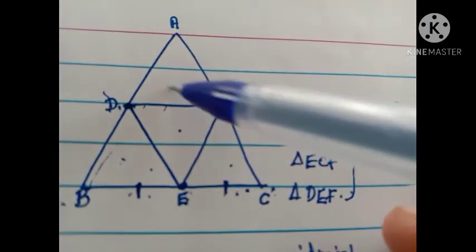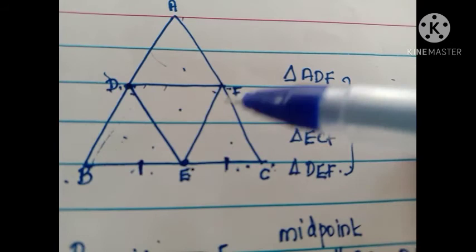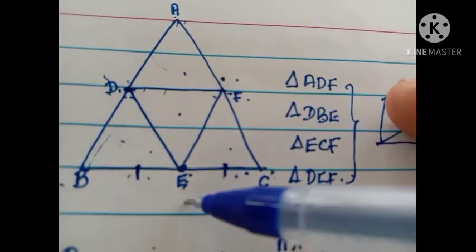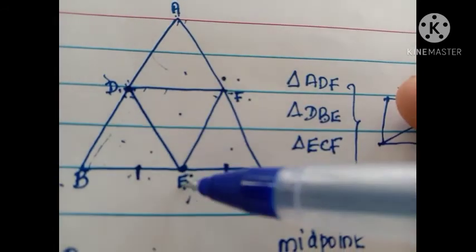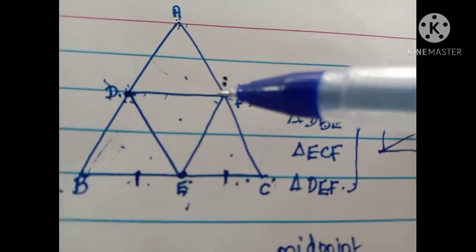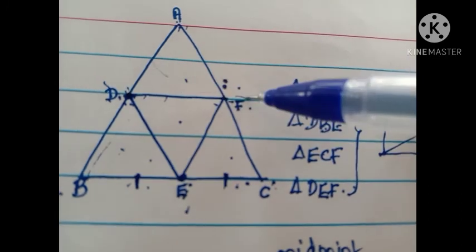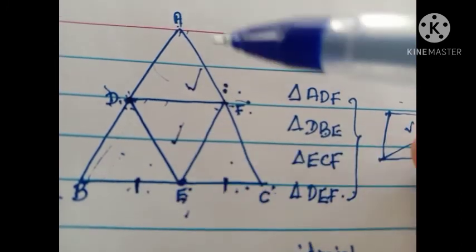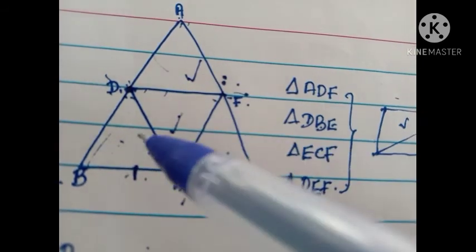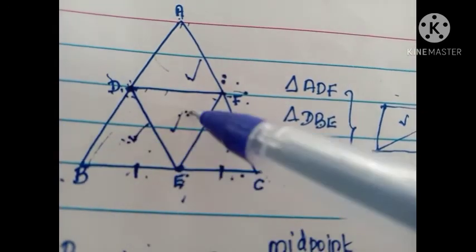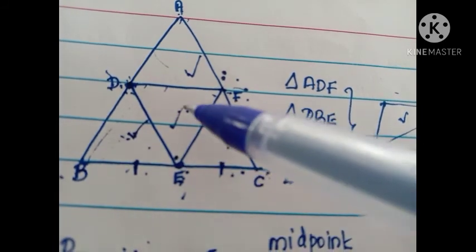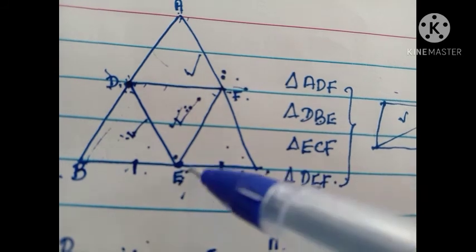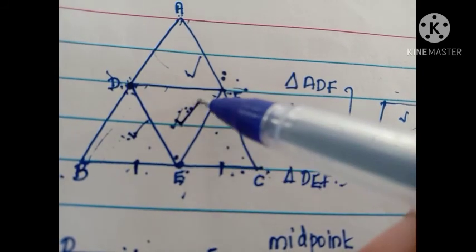Similarly, consider ADEF. Prove ADEF is a parallelogram, and therefore the diagonal DF divides the parallelogram into two congruent triangles. So listen, in this parallelogram, these two triangles are congruent. DBE is congruent to DEF. In this parallelogram, CEF is congruent to what?